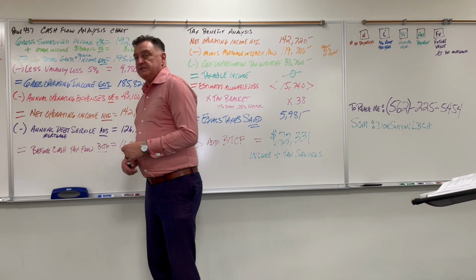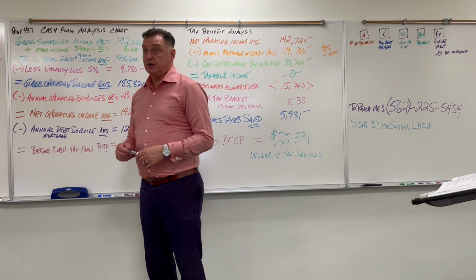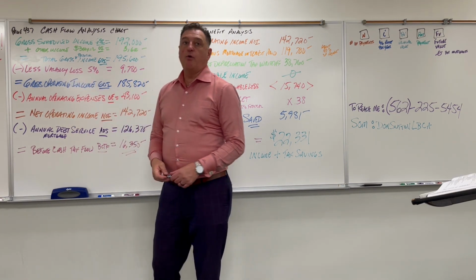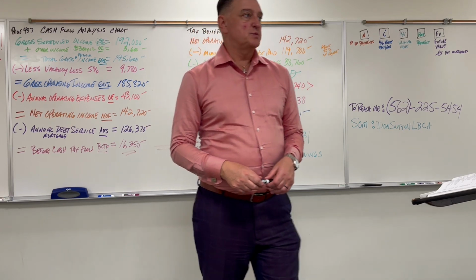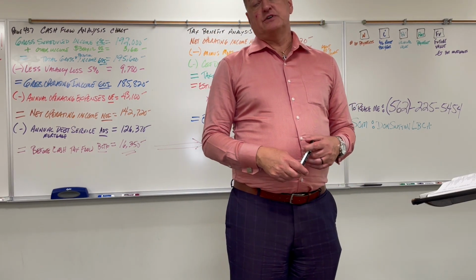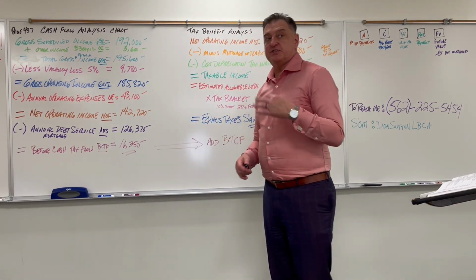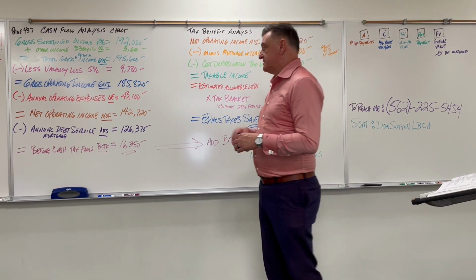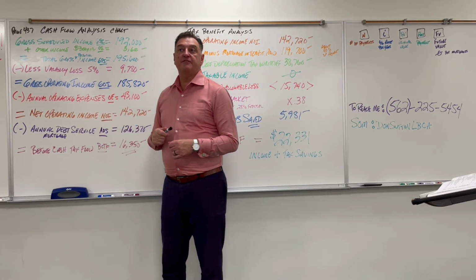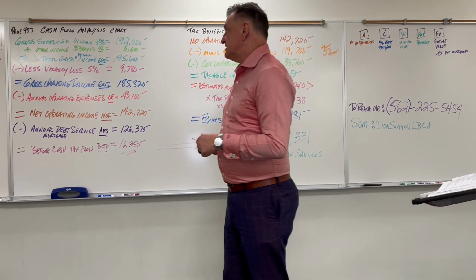If you notice, on this particular property in the book, they have a vacancy loss of 5%. Normally, most buildings will have a 3% vacancy rate. The Internal Revenue Service, the IRS, will usually allow you to have a 3% vacancy rate on your taxes. But in this case, he has 5%, which means he probably had a few renters that moved out at the same time and they lost money.